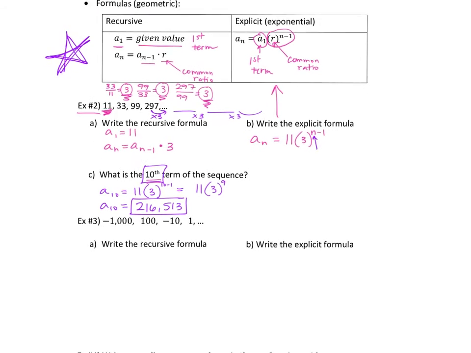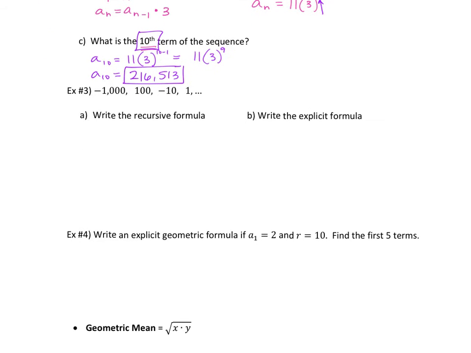So we're going to do a sub 1, in other words, your first term, which is negative 1,000, and then a sub n is going to be our a sub n minus 1. Okay, that's always the way it starts, a sub n minus 1. And we're multiplying by our common ratio. So again, we need to figure out what that is.